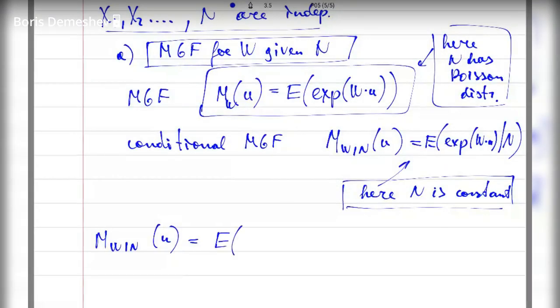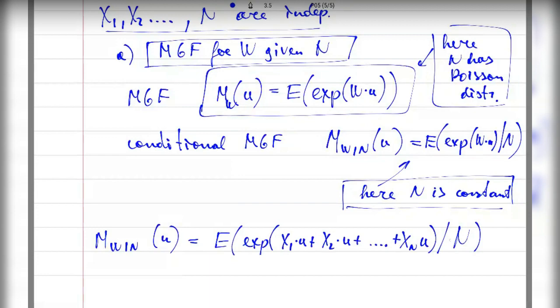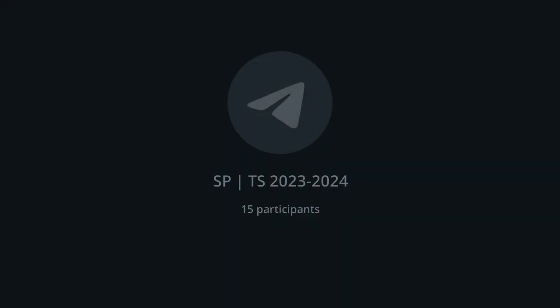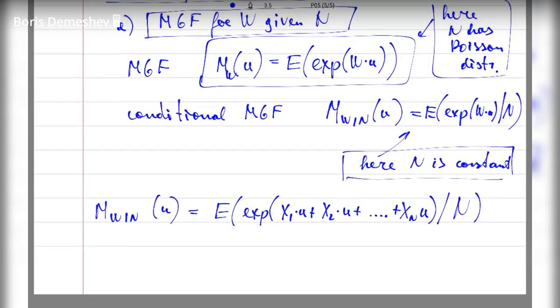We say that it's the expected value of exponent of x1 times u plus x2 times u plus and so on plus xn times u, and n is fixed, n is constant, non-random.